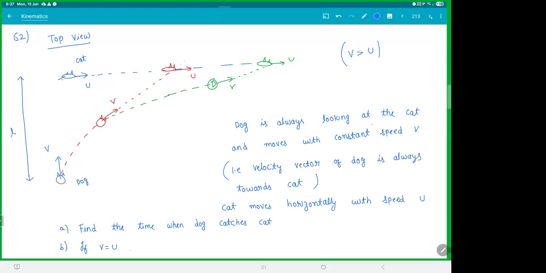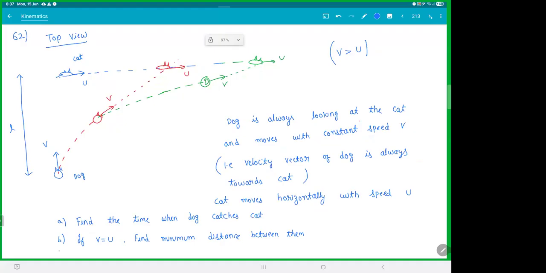Now the dog can't catch the cat. Then what is the minimum distance between them? What is the closest you can get to the cat? Find the acceleration of the dog at t equal to 0, initially. Find the initial acceleration of the dog.